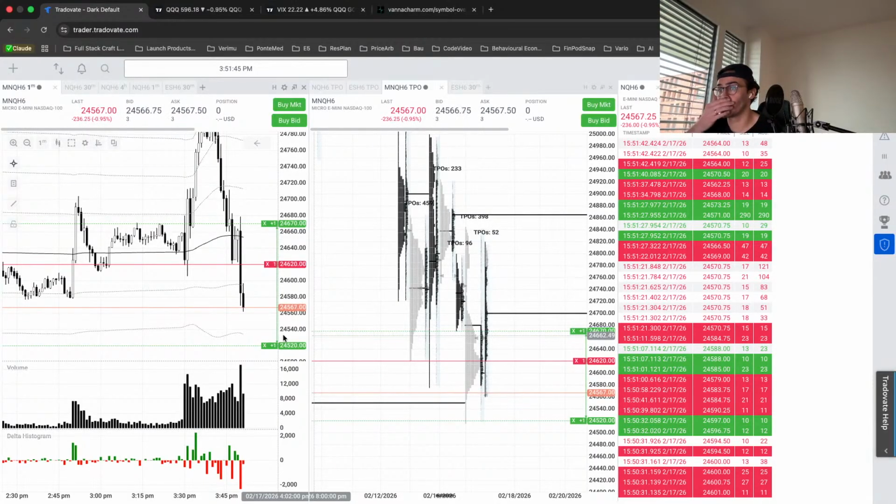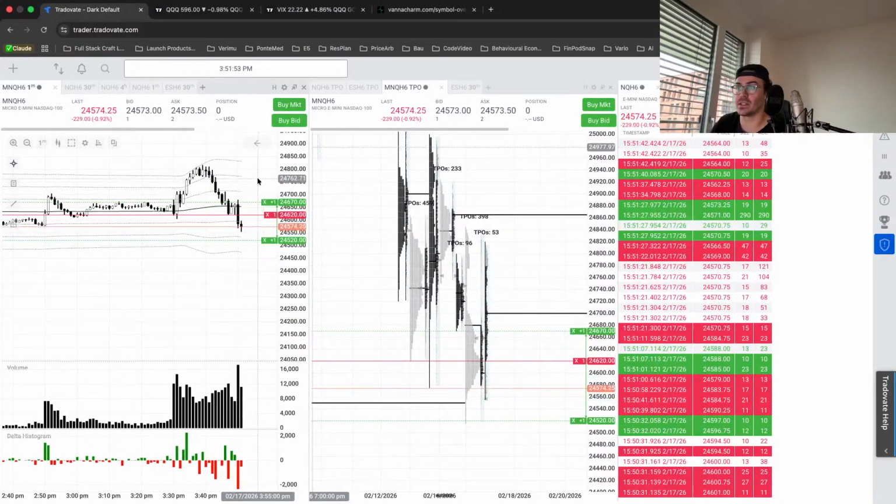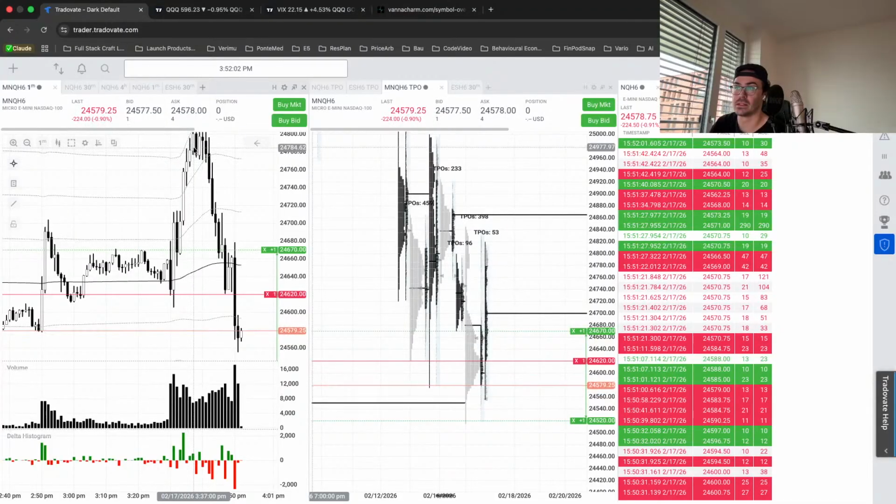So basically two trade ideas. Kind of a look above of that huge gamma wall, and then a total rejection off of it.